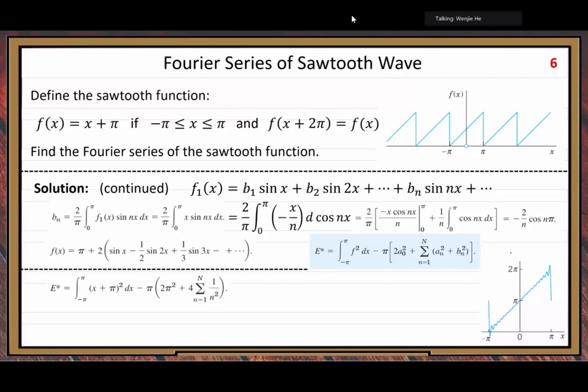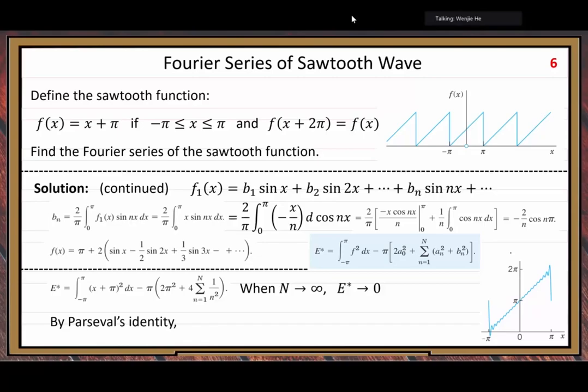We draw the graph, calculate the error term, and the approximation like that. When capital N goes to infinity, you can see the error part becomes smaller and smaller. E star goes to 0.